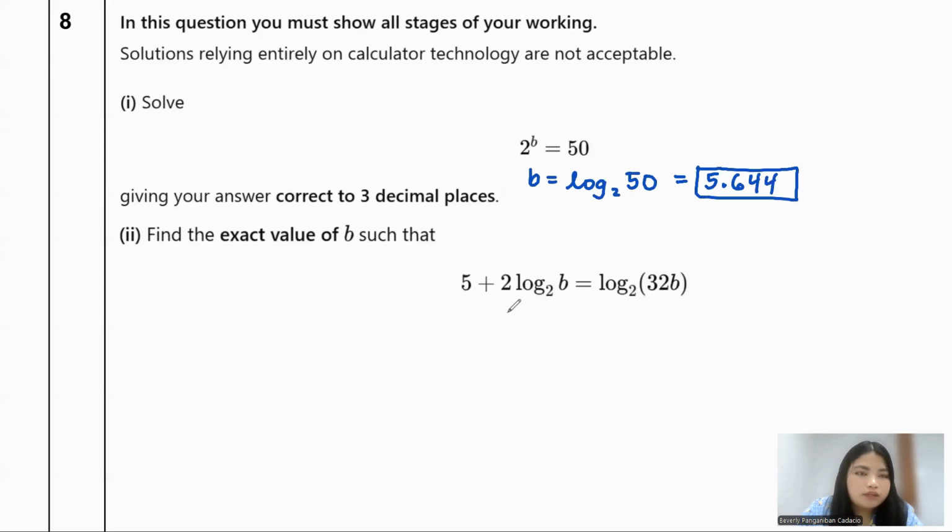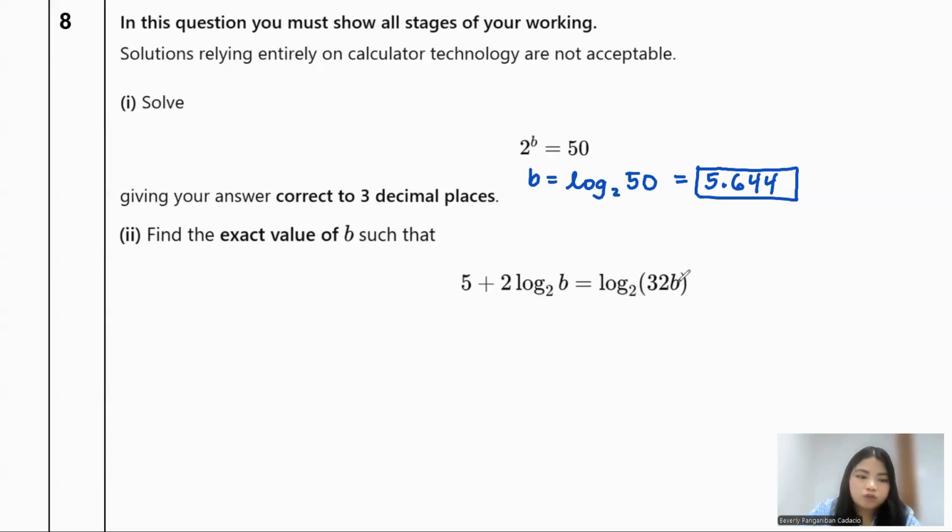Okay, now let's go with the second question: find the exact value of b such that you have a given equation here involving your logs. So what I'm going to do here is separate my b.